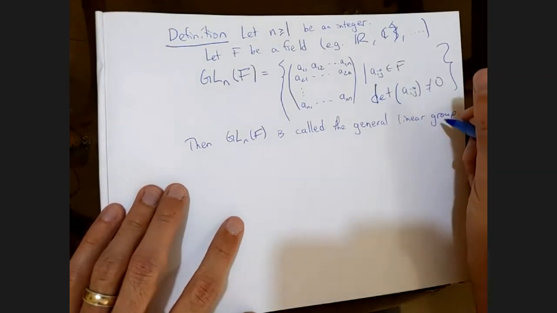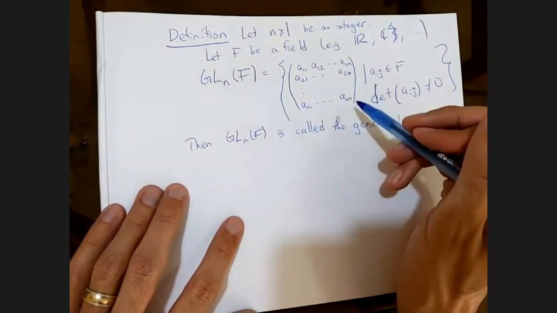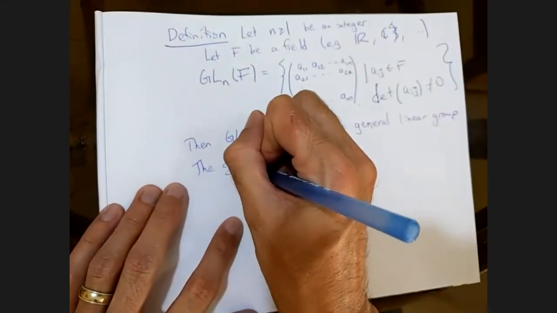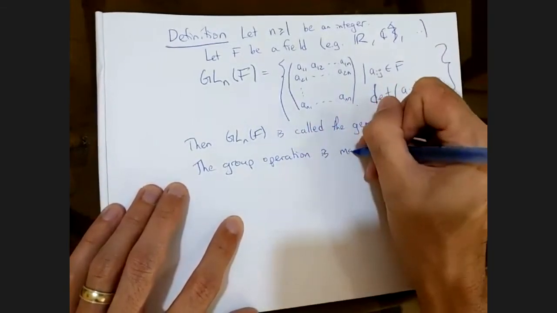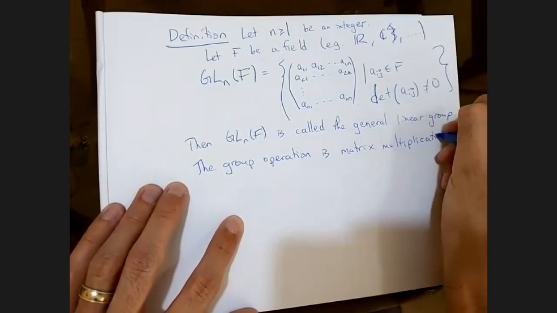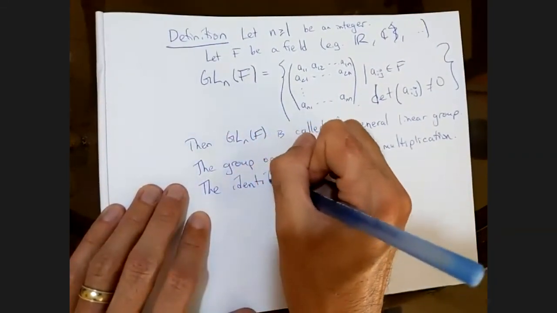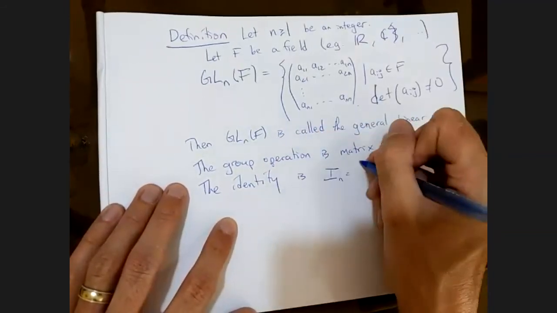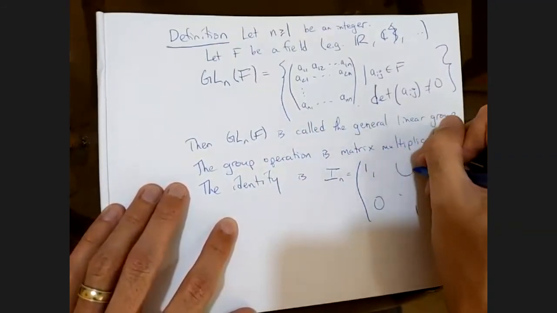Okay, it's a group. Well, group is in the name, but it's a group because we combine matrices using matrix multiplication. The group operation is matrix multiplication. The identity is just the identity matrix, ones on the diagonal, zeros everywhere else.